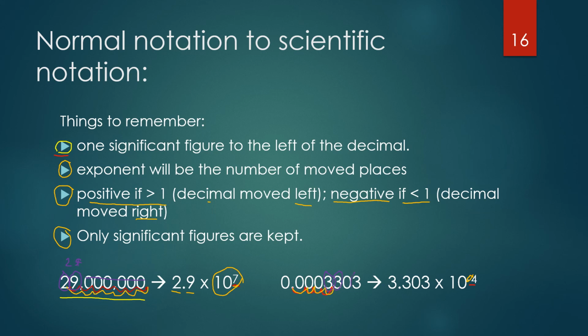We also know this 3 at the back counts because it's a non-zero number, and we just need to figure out if that 0 counts, because those are the ones that sometimes count and sometimes don't. And in this case, it does count because it's between 2 non-zero numbers and it's after the decimal point and we already started counting. So notice if you count those purple circles, I have 4 of them, so that's why I have 4 significant figures in my answer.